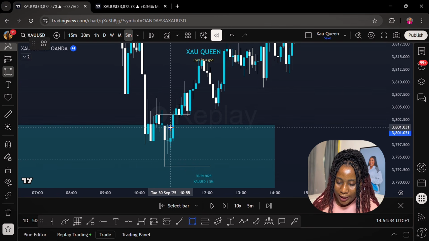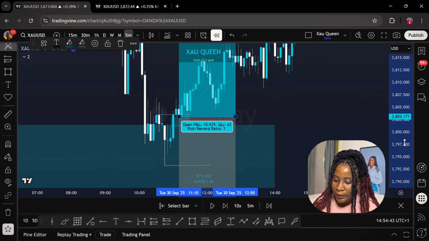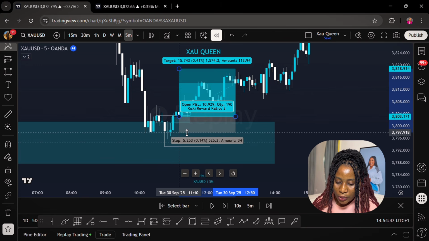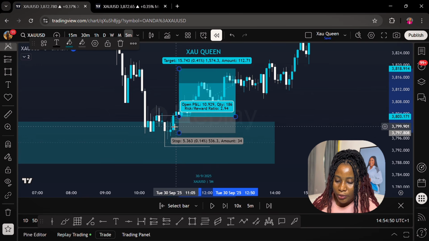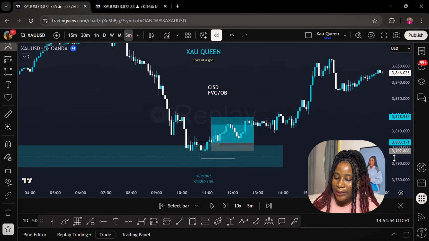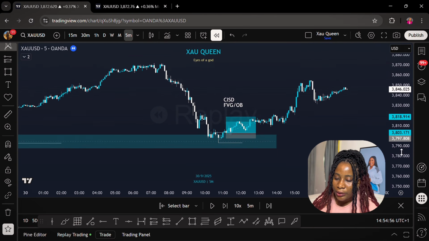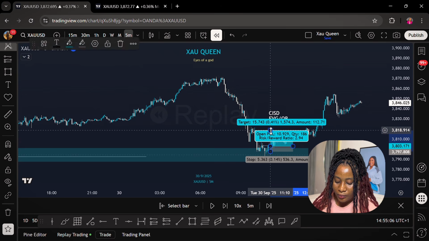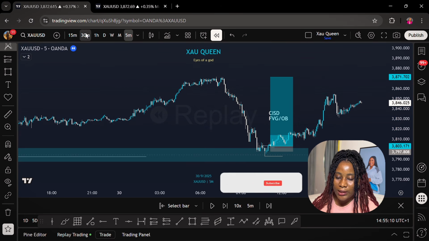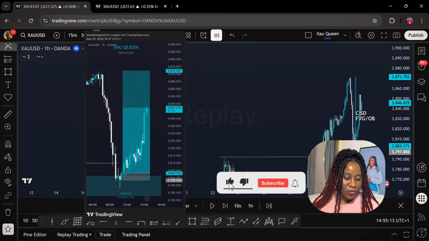So what did I do? I saw this FVG right here, and I took it, put in my stop loss just slightly below the candle that formed the FVG, and I targeted for a new high. You can see the screenshots.